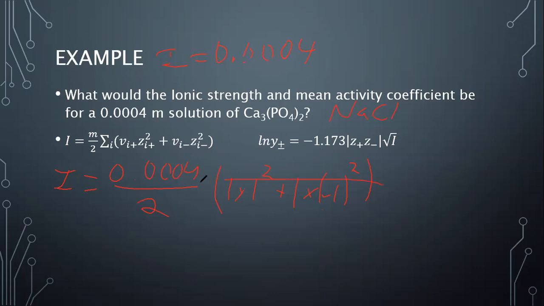Now when we calculate our activity coefficient, it's going to be a little different as well. We still have the negative 1.173, but now our absolute value of 1 times 1 is 1, times the square root of 0.0004.